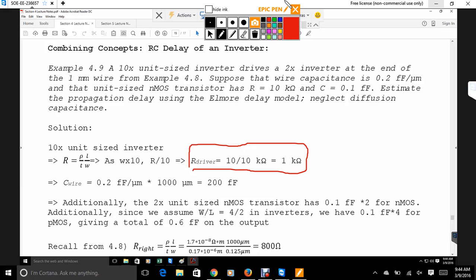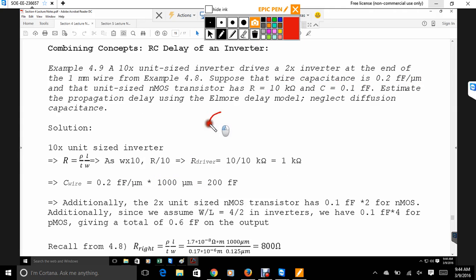From example 4.8, this value was a 1 millimeter length wire, so that became 1,000 micrometers. Our capacitance of the wire is 0.2 femtofarads per micrometer.